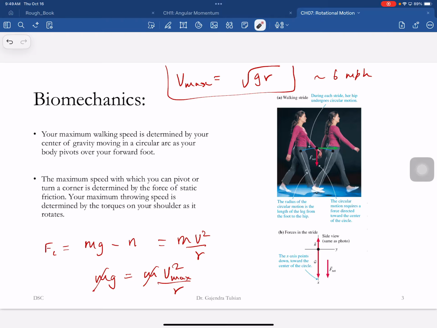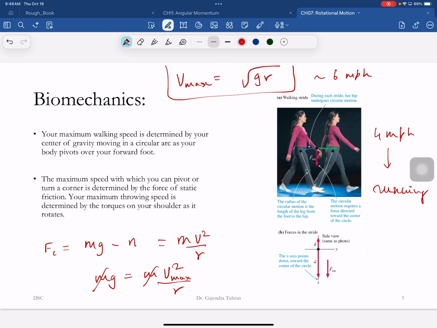But it turns out that at about 4 miles an hour, and this is applicable everywhere, running is more energy efficient. So you don't walk at 5 miles an hour. You run.